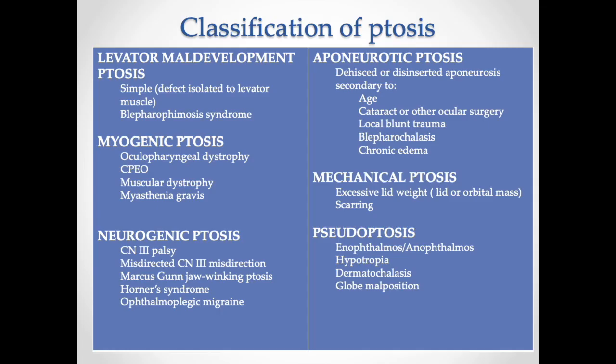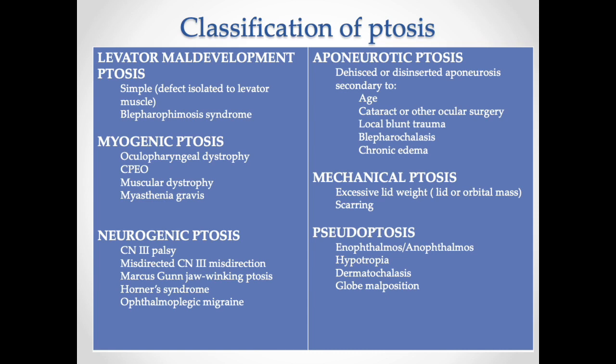Ptosis can be classified into these categories. You have the levator maldevelopment ptosis, which usually appears at birth. Myogenic ptosis, which is associated with other systemic myopathies. Neurogenic ptosis, which involves aberrations in the oculomotor nerve innervation.